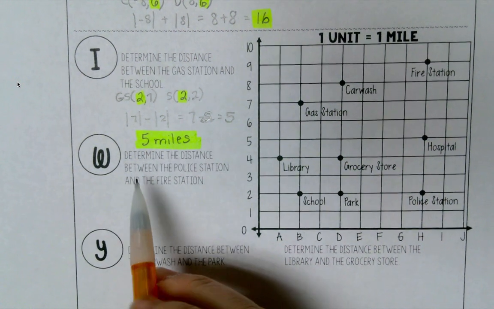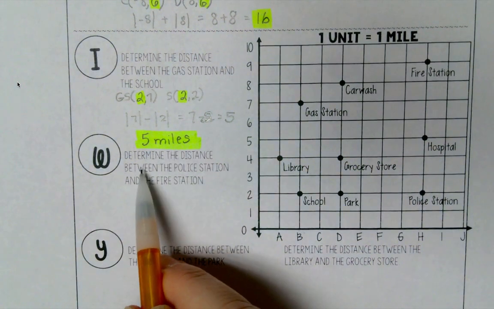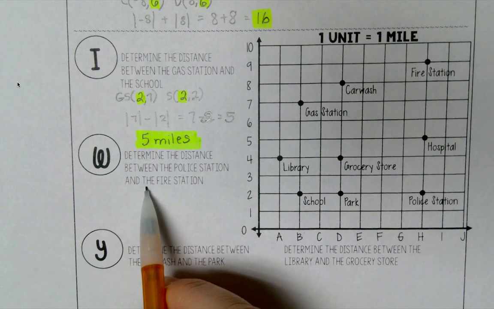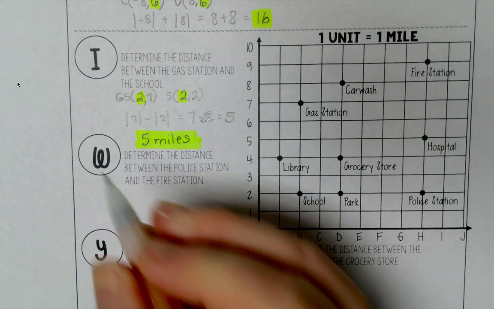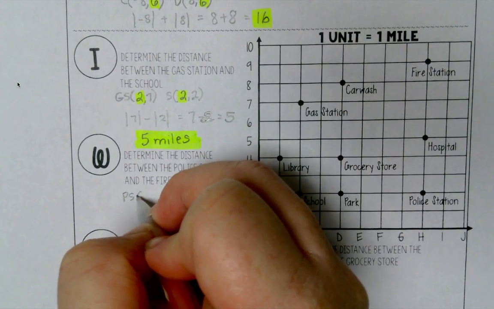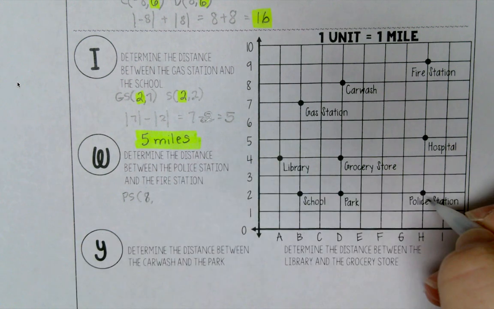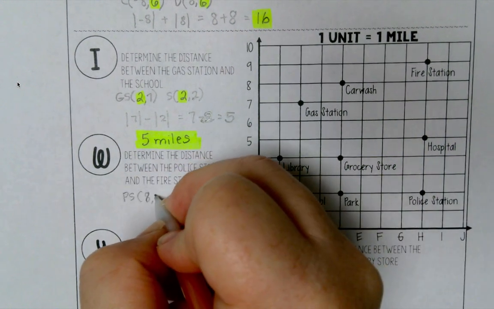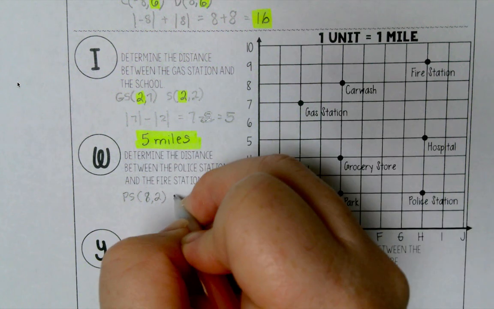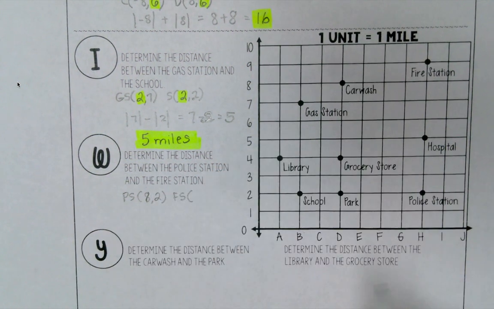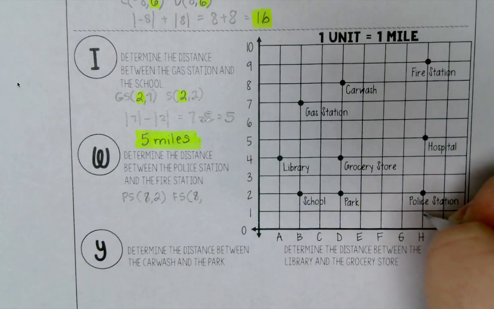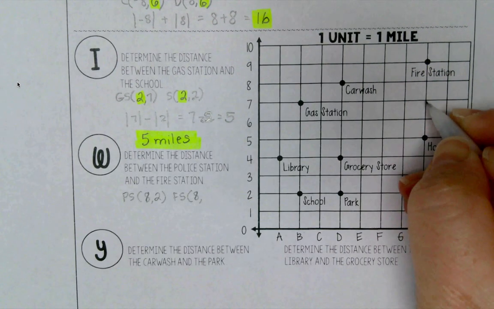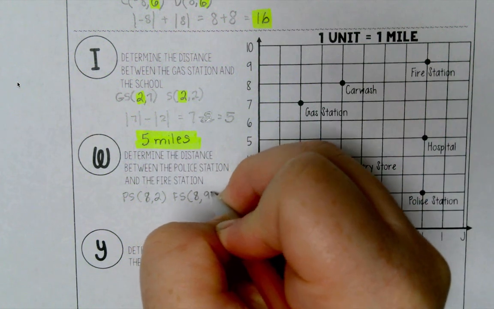All right, number 2, we do. Determine the distance between the police station and the fire station. So police station, count. 1, 2, 3, 4, 5, 6, 7, 8. So PS police station, positive 8. And then 1, 2. And the fire station is same thing, positive 8, and we're going to go up 1, 2, 3, 4, 5, 6, 7, 8, 9, positive 9.